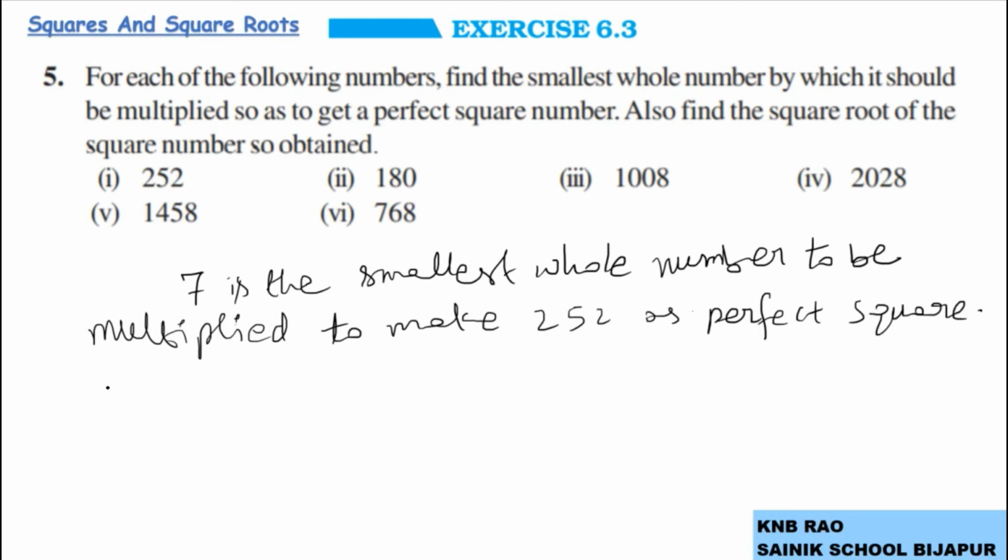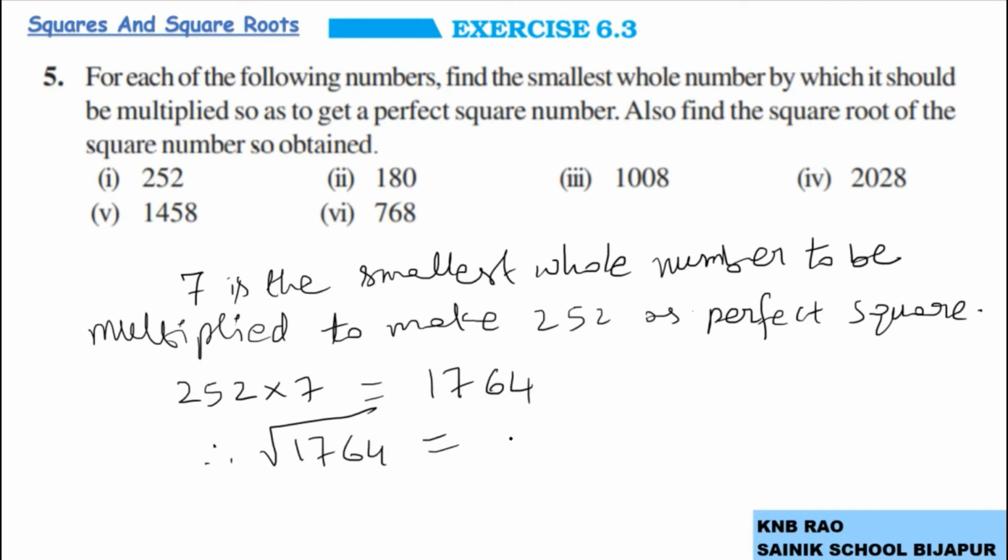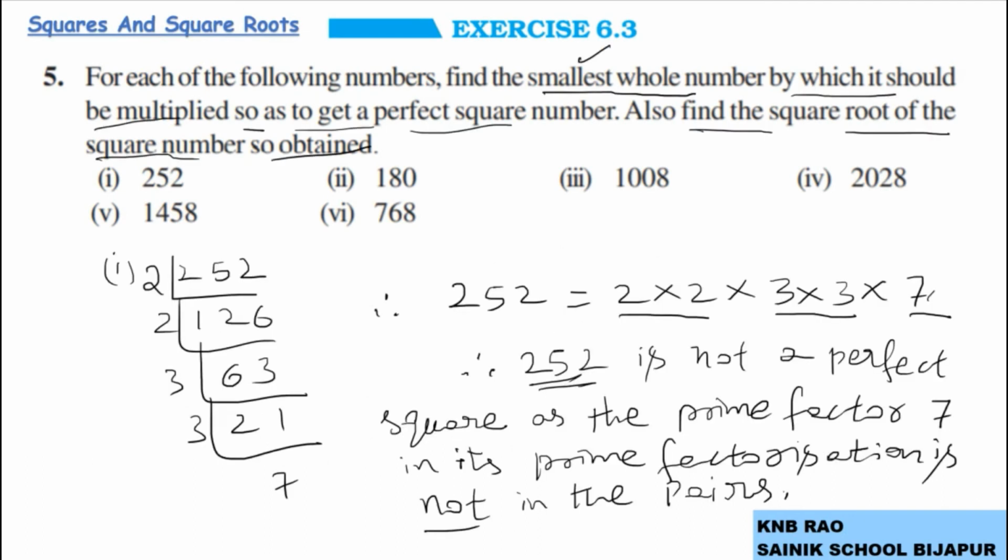So what is that new number, that resultant number? 252 into 7. So 252 into 7 gives us 1764. Therefore the square root of 1764 is 1, 2 from this pair and 1, 3 from this pair.